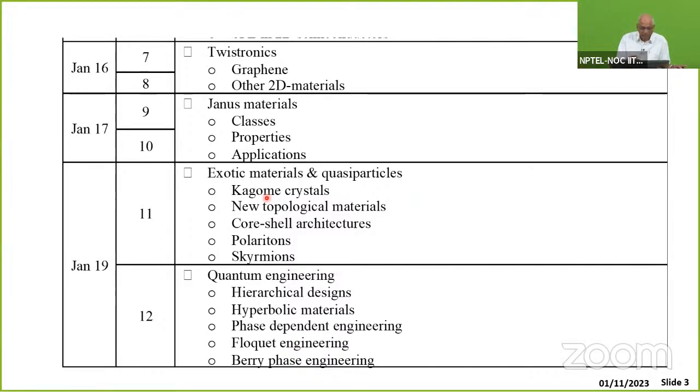And the last lecture, and you notice here, next week, January 18th, there is no class. The last class will be on January 19th, that is the Thursday. And there I will talk about some of the quantum engineering concepts. These are all emerging concepts, so we'll spend some time discussing them.